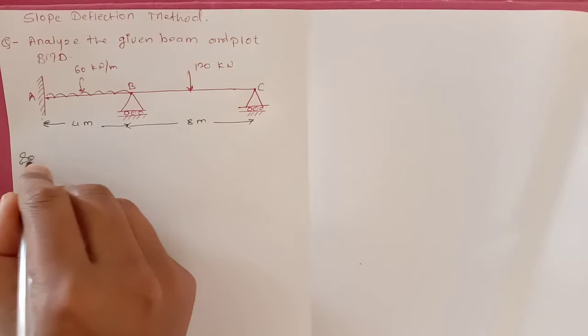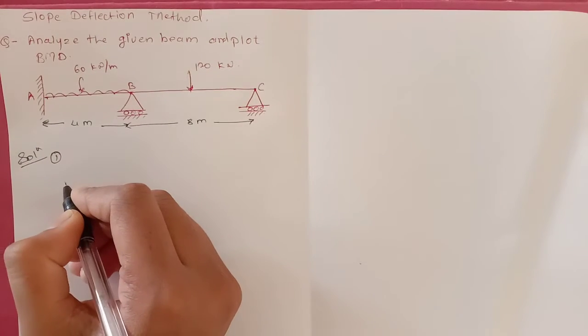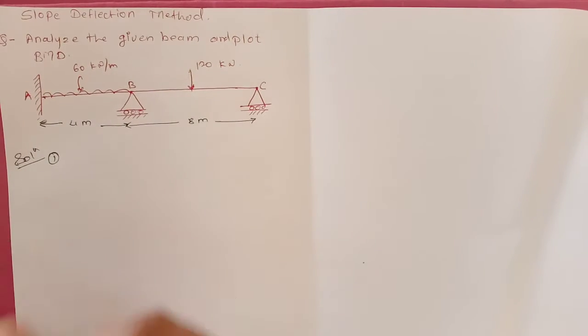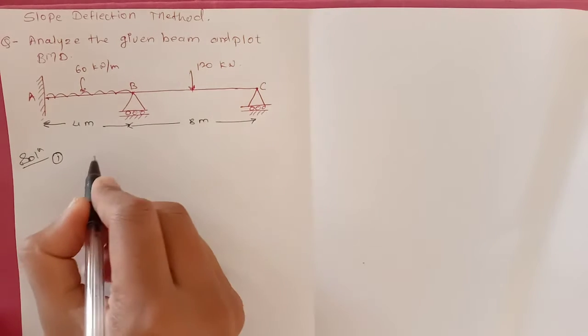First step is to find the degree of kinematic indeterminacy, that is DKI.